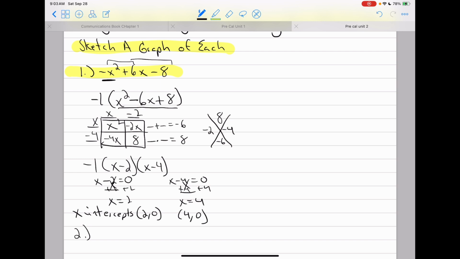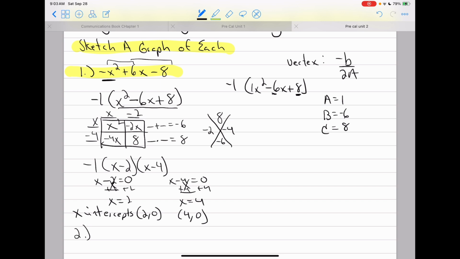Now, I need a vertex. Well, the vertex is -b over 2a. So if I take this one again, I have -1 times x squared minus 6x plus 8. I know that a equals 1, b equals -6, and c equals 8.